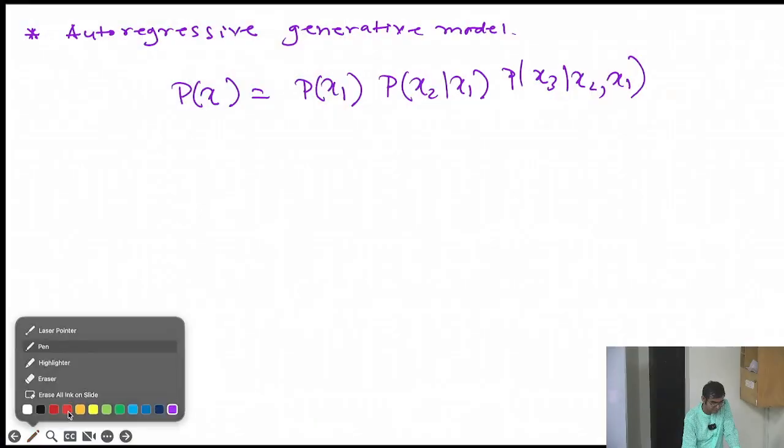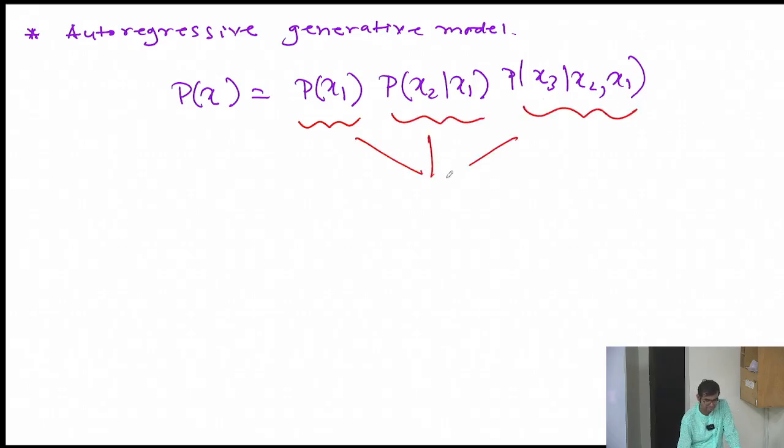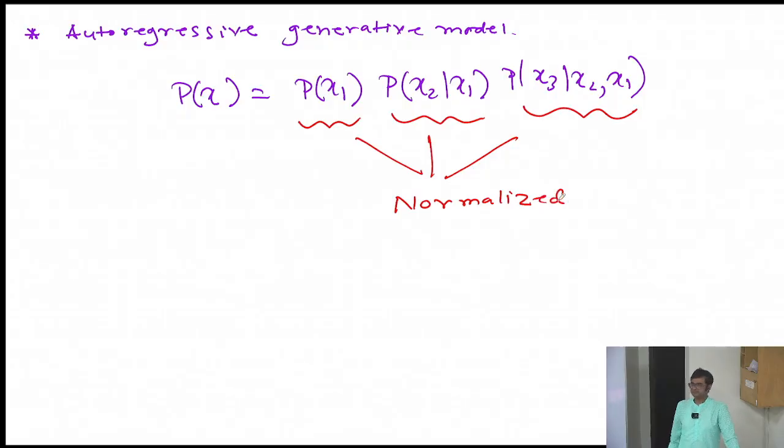And this is the most trivial thing that can exist, because all of these three are normalized, correct?